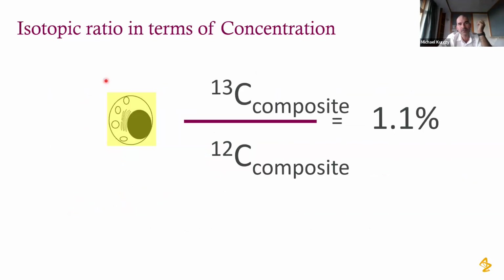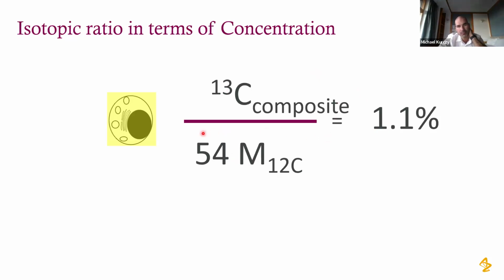And so now that we understand that, essentially we can look at the whole sample as a piece of epoxy. And so we know that the ratio of carbon-13 in the epoxy to the carbon-12 should be about 1.1%.